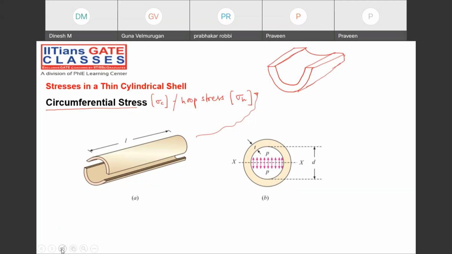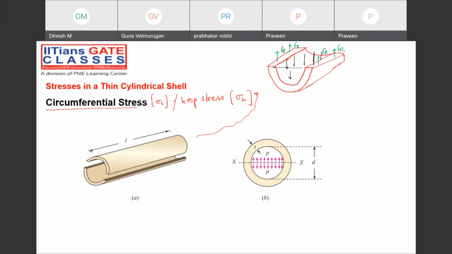Now, if I just take the half portion of this one, you know that there is a bursting force acting something like this. The pressure force will be acting all along this particular portion, but the bursting force will be acting like this. The resisting force will be acting like this. The resisting force is the green color, which is saving the life of the pressure vessel.